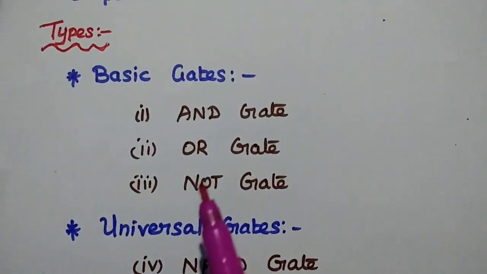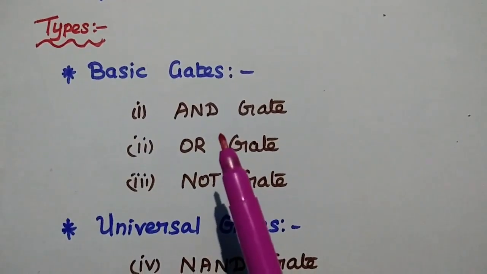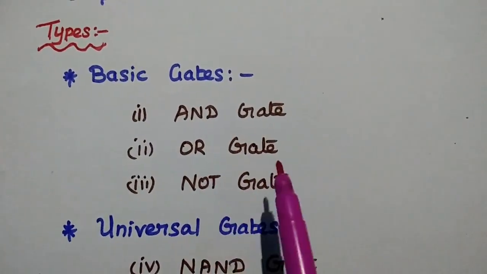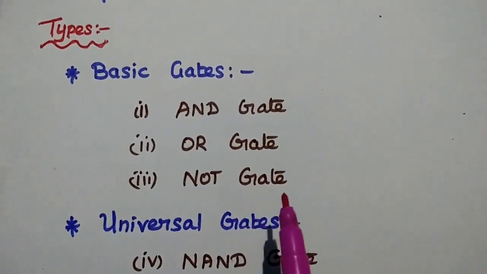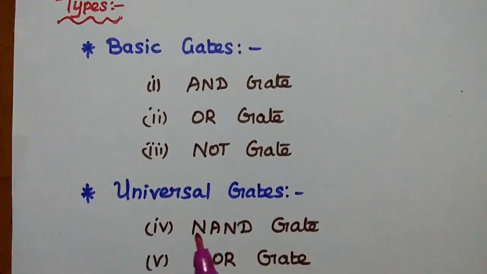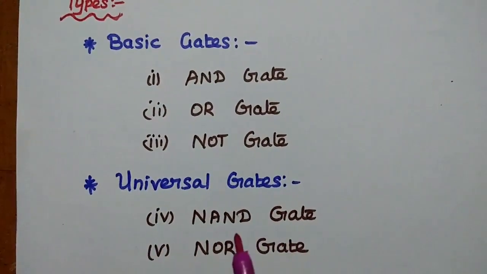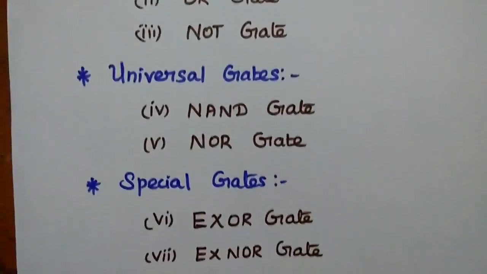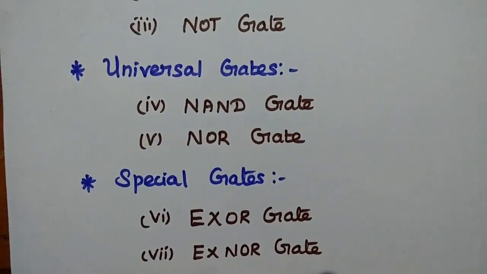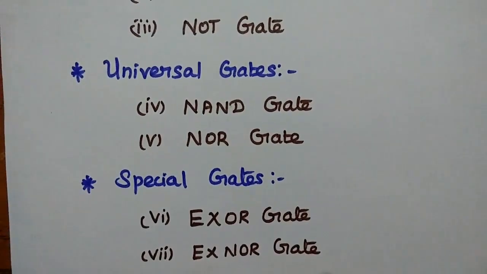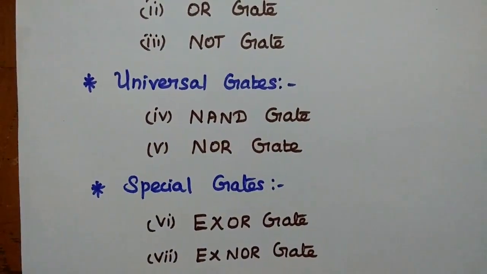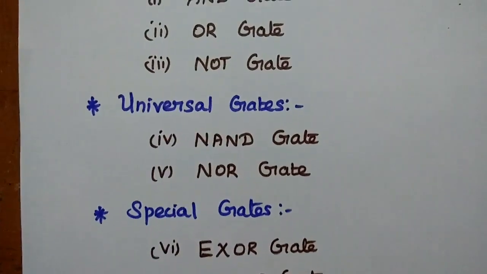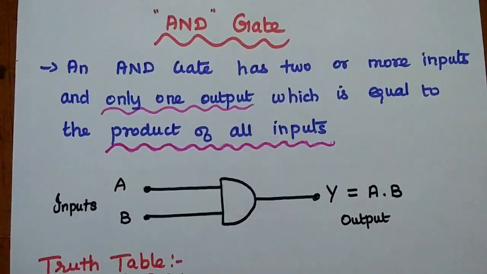In the basic type, the gates are AND gate, OR gate, and NOT gate. Universal gates are NAND gate and NOR gate. Special gates are XOR gate and XNOR gate. So let's discuss each gate in detail.